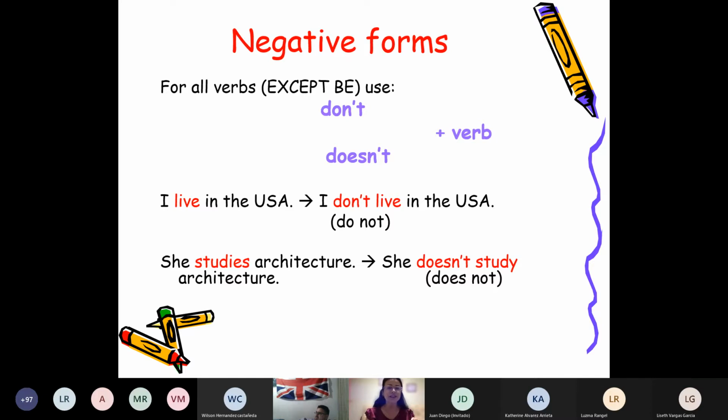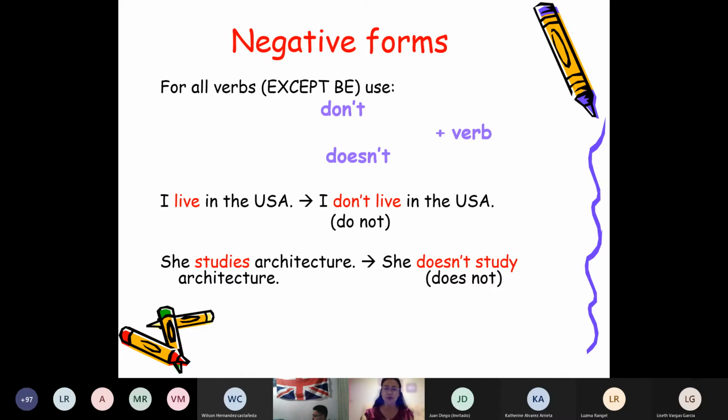For example, she studies architecture. For the negative form, you say she doesn't study architecture, okay? So remember that for the negative forms, with the exception of the verb to be, you use the auxiliary do and does.